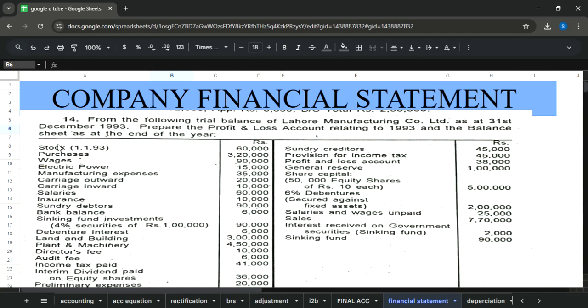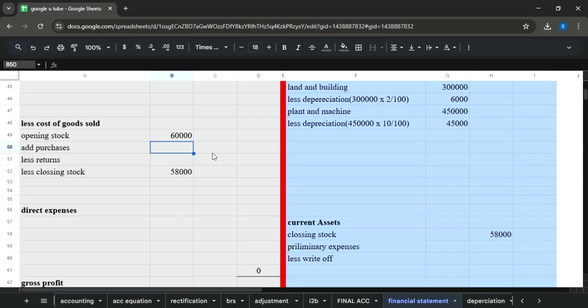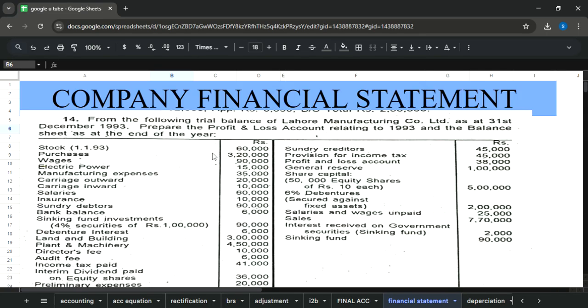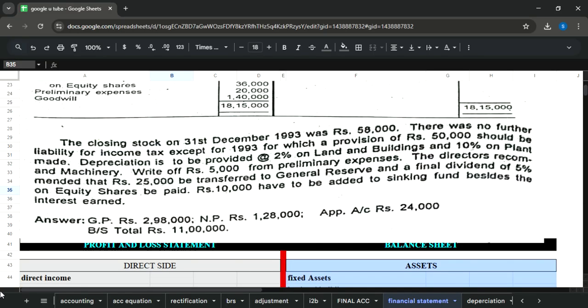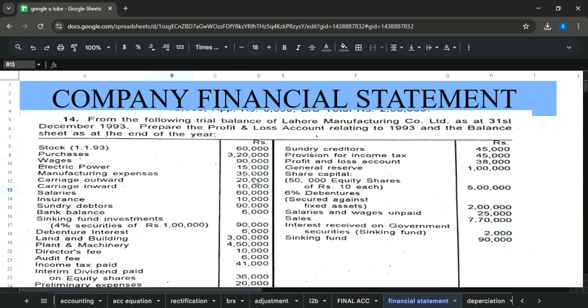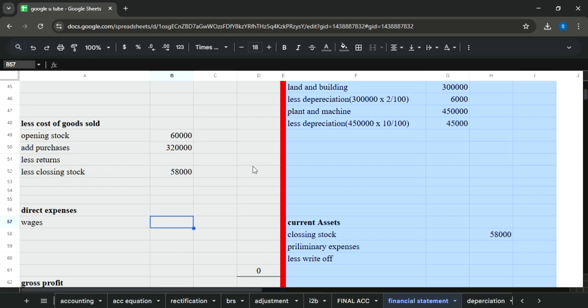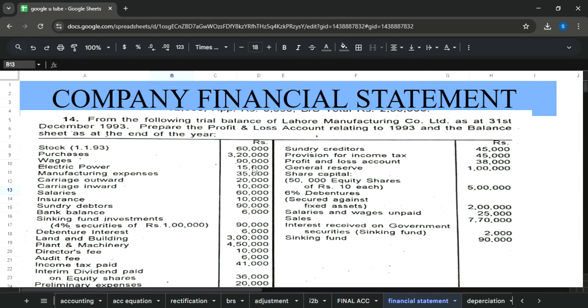Amount of purchases 320,000. Put 320,000 in direct expenses. Then we have wages. It is part of the direct side. So here we will post wages, the amount of which is 90,000. In direct expense side 90,000 has been posted.